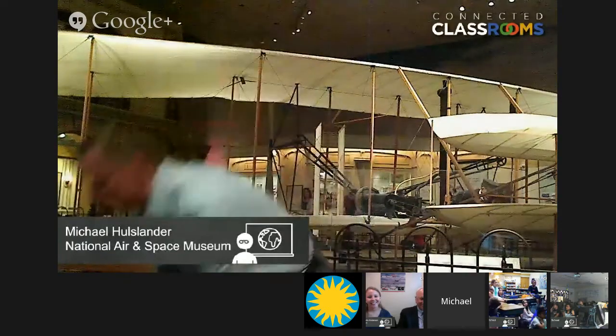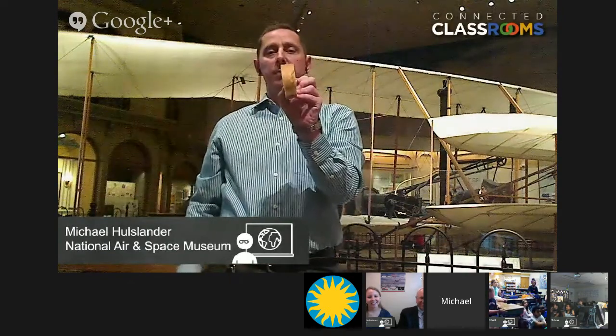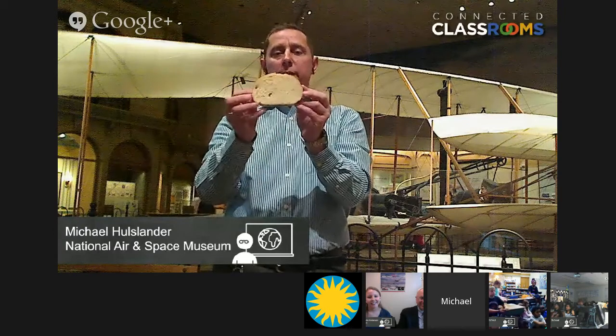So if you imagine the wing is a loaf of bread, and then we cut a cross-section from that bread, we now have a piece of bread. That would be the airfoil shape of the airplane's wing. And this shape would help dictate the amount of lift that the airplane or the wing generates.